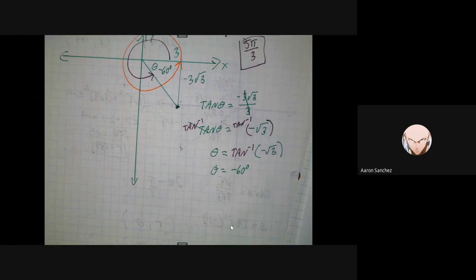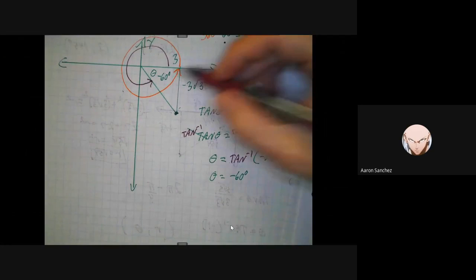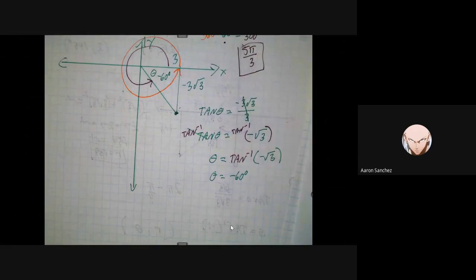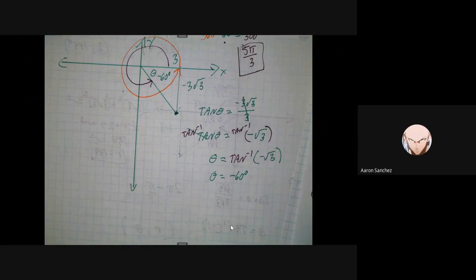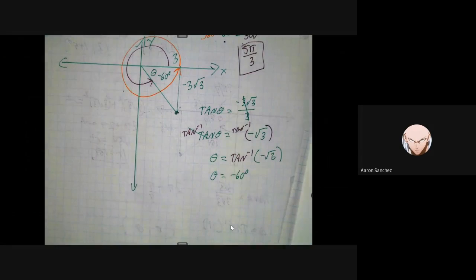Now, you said you know how to do the radius already, right? So you don't need me to do that, or I could do it if you want. No. Okay. I think the best way to do that is on the calculator. The other way you could do it if you don't have a calculator makes your brain work a little bit harder.